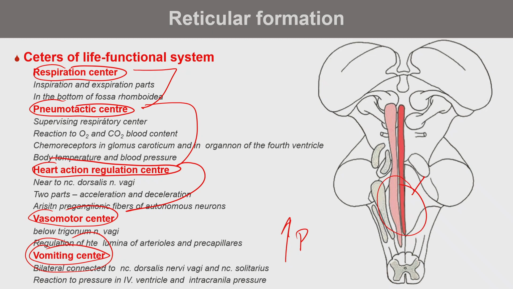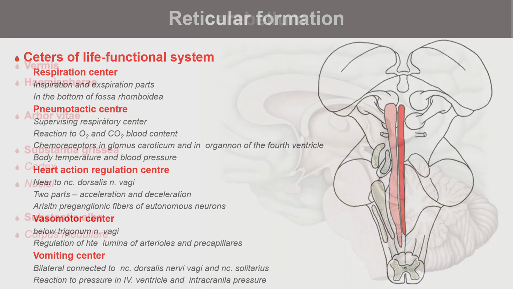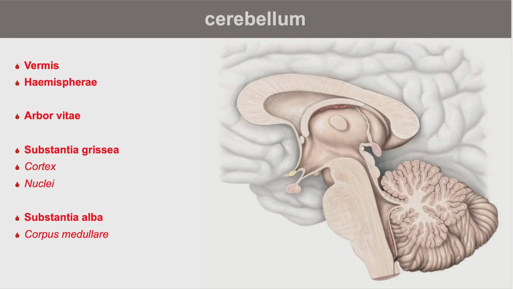Also when some substances are analyzed in primitive centers in the floor of the fourth ventricle, some poison, some poisonous things from eaten food, etc. So it's basic information about the brainstem.